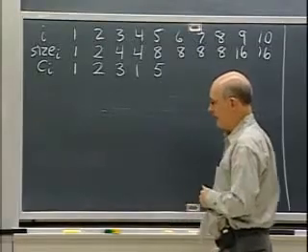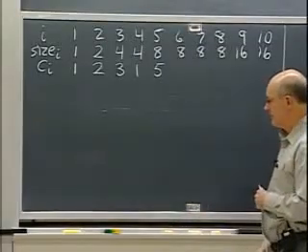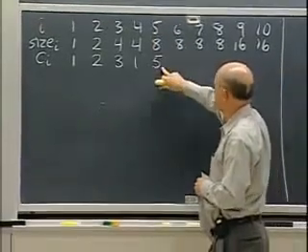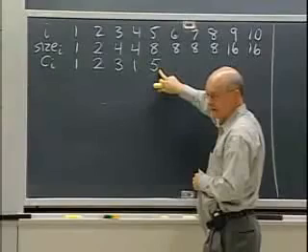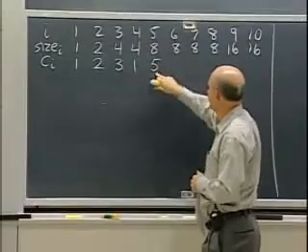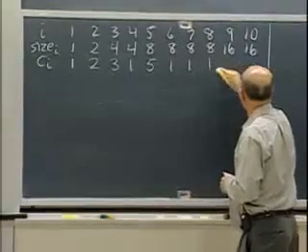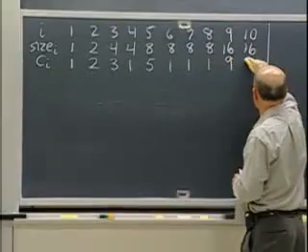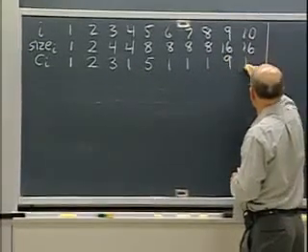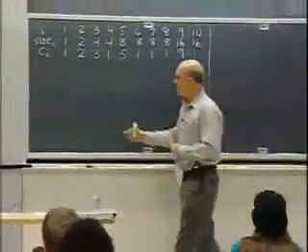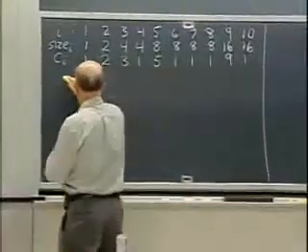The cost for 5 is i if i minus 1 is a power of 2. Then 1, 1, 1, and now we pay 9, and then 1 again. So that's the cost we're paying. It's a little bit easier to see what the costs are if I break them down.